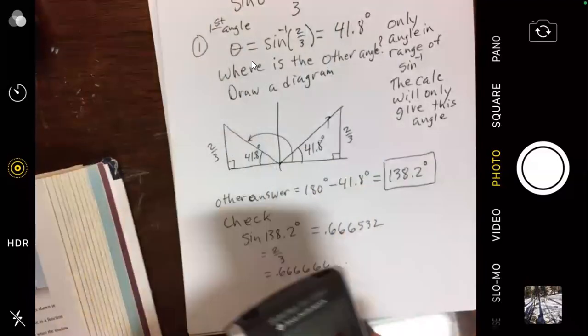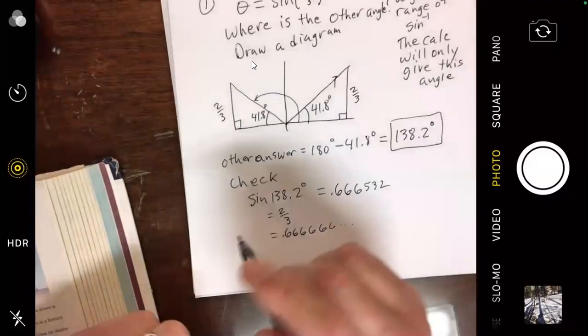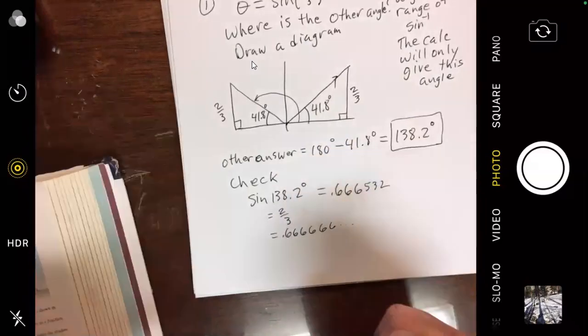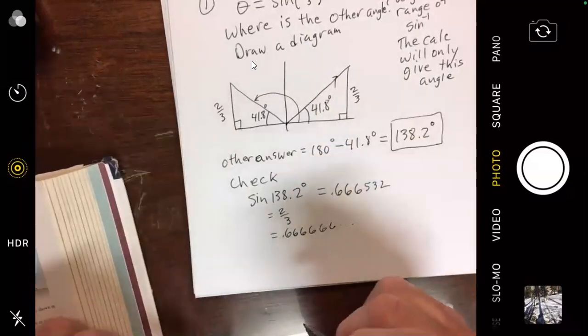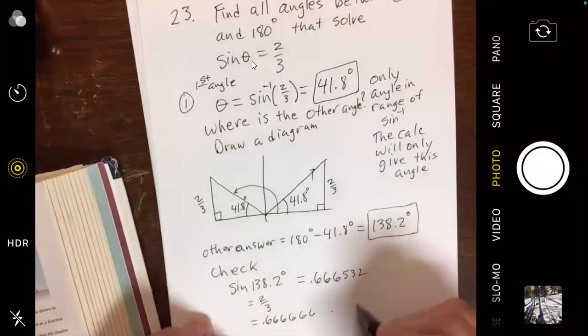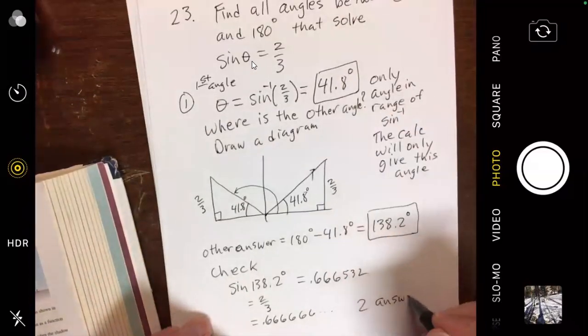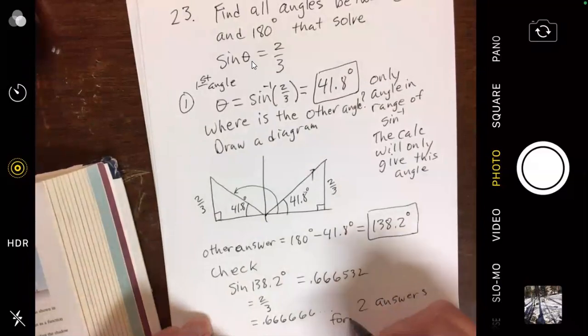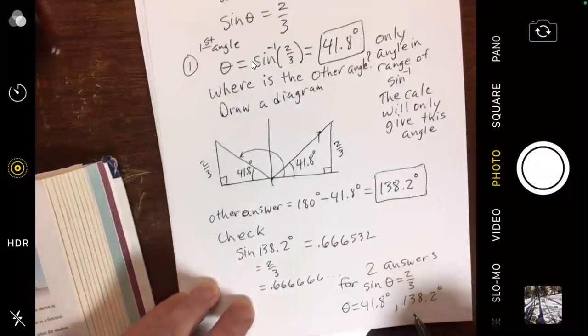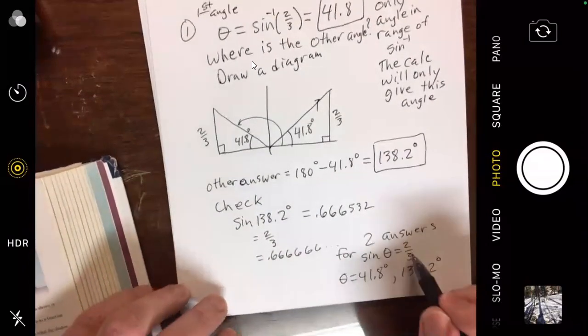So to three places, you're getting the same thing, and that is your y coordinate at 138.2 degrees. So your two answers for sine theta equals 2/3: theta equals 41.8 degrees and 138.2 degrees. They both have the y coordinate of 2/3.